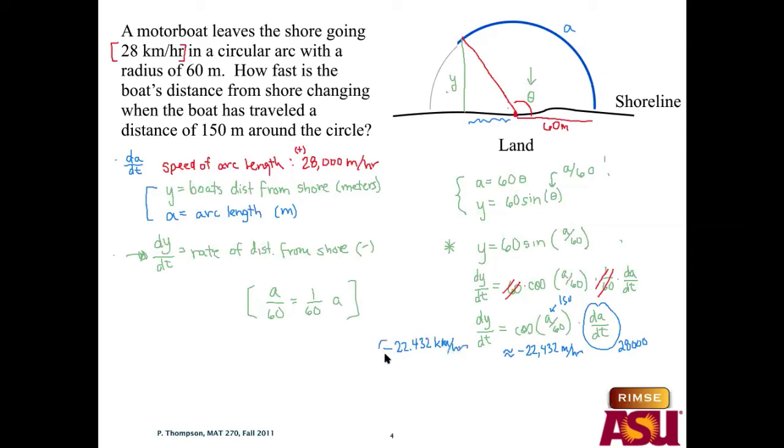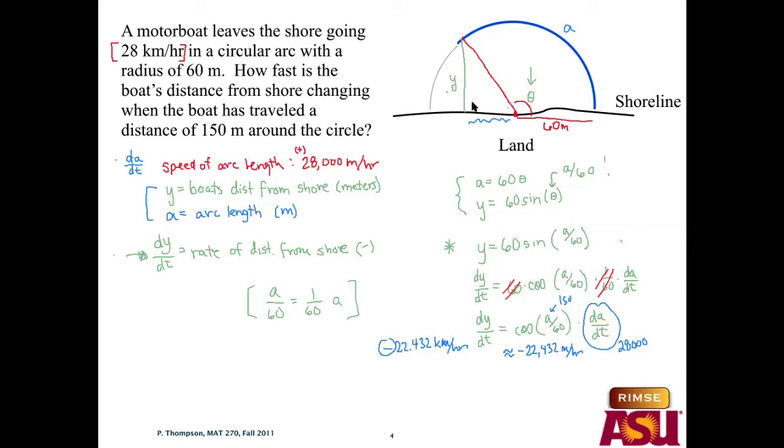So this negative indicates the distance to the shore is decreasing. So I could say the boat's approaching the shore directly or is getting closer to the shore at a rate of approximately 22.432 kilometers per hour. So that's that messy problem.